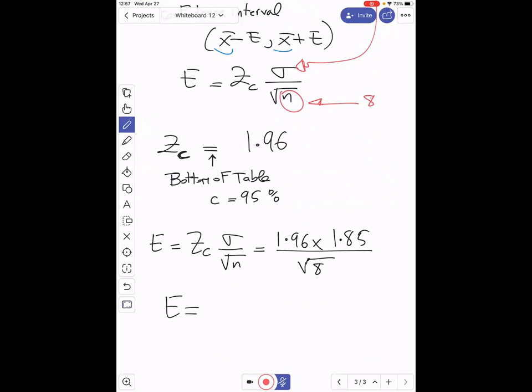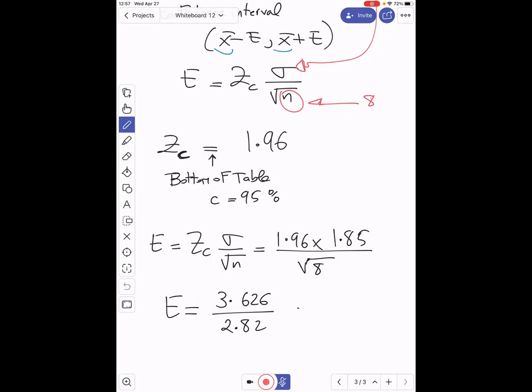All right, so just multiply the top. Let me check my notes for the answer. So the top is 3.626 over square root of 8. Square root of 8 is actually 2.82.